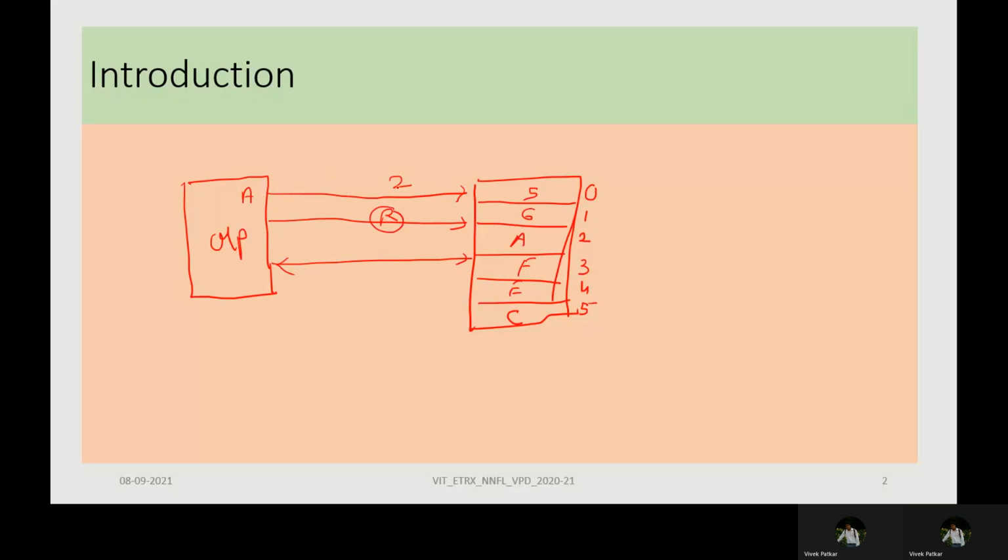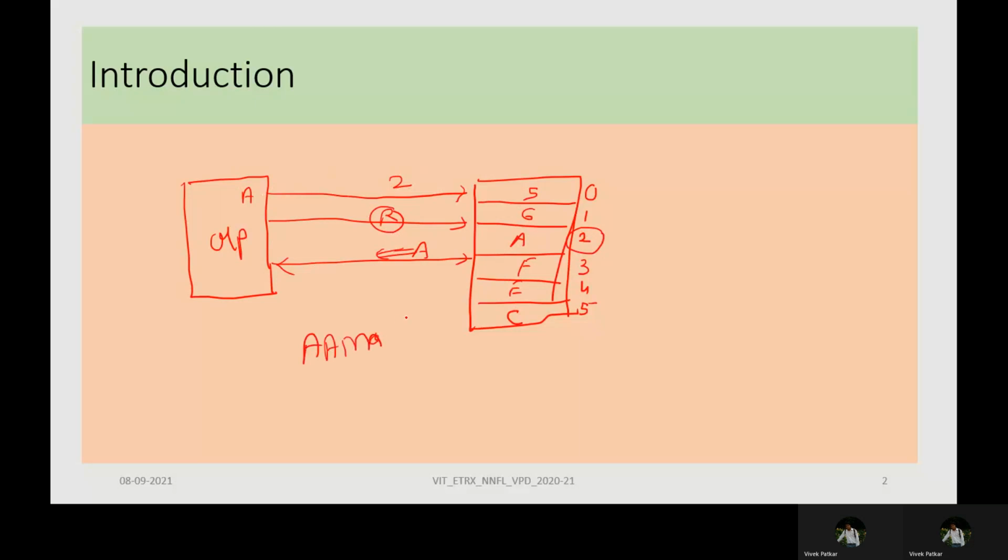Since our address is 2 and the command is read, the A, which is the content of location 2, will be delivered to the processor. This is regular memory. These are called addressable memories.